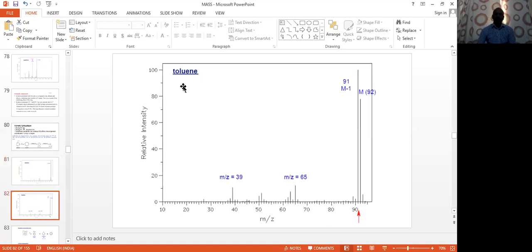In toluene, you have the molecular ion, and that molecular ion value is 92. Next you have the M-1 value, and m/z 91 is for the tropylium ion. I told you about the 7-membered stabilized ring, the tropylium ion.